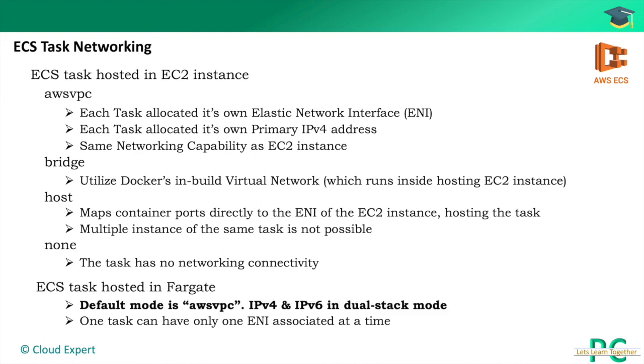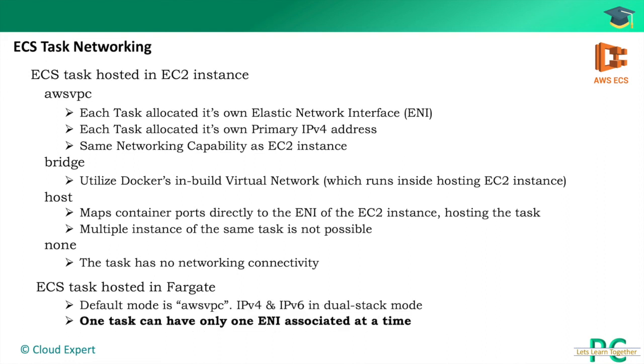Here the default mode is awsvpc, and if you have dual stack mode enabled, each task will have an IPv4 and IPv6 address together. One thing to remember here: one task can have only one ENI associated at a time. You can't attach multiple ENIs to one task.